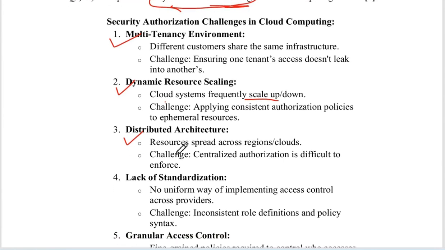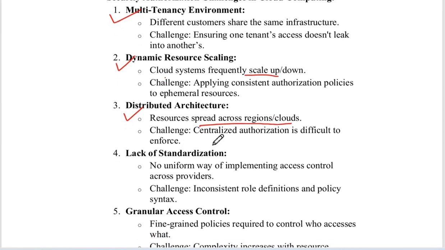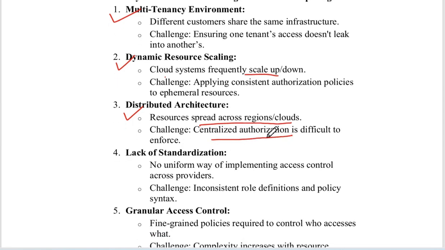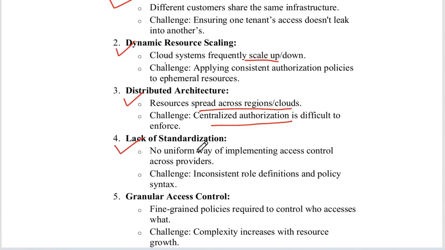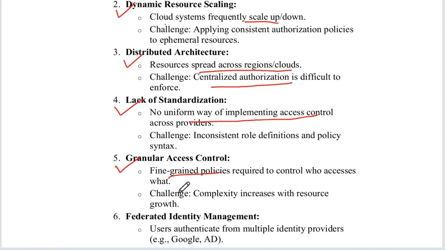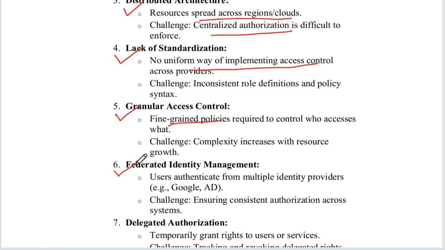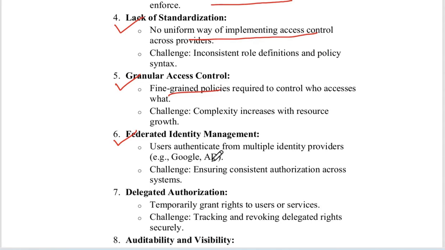Distributed architecture. Cloud is spread across regions and multiple clouds. So centralized authorization is difficult. Lack of standardization, no uniform way of implementing access control. Then granular access control, fine-grained policies required for this. Federated identity management, that is also a challenge, to authenticate from multiple identity providers.